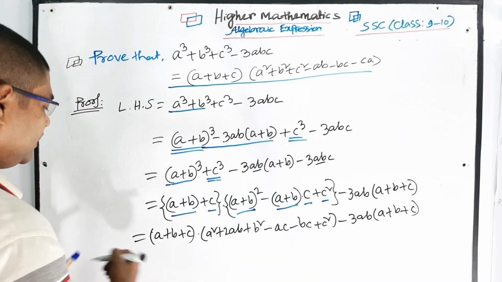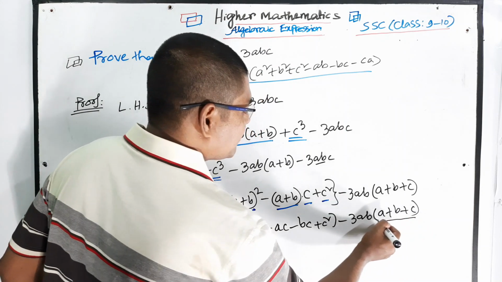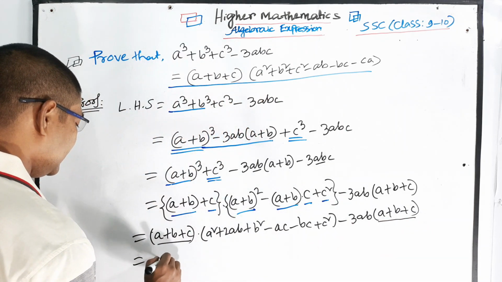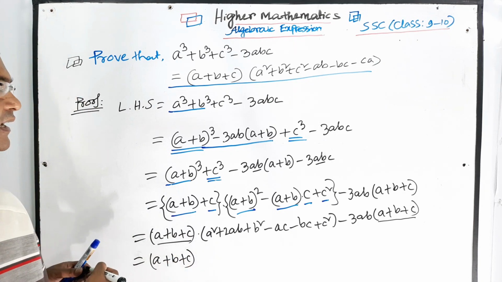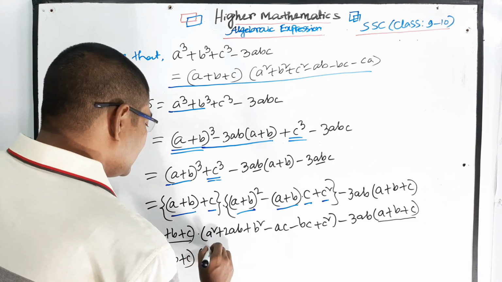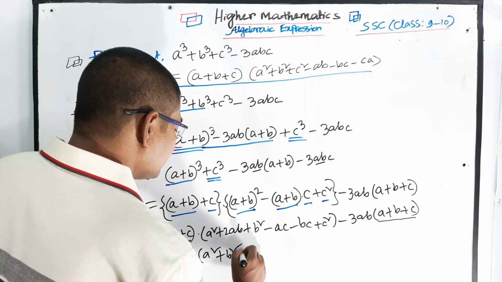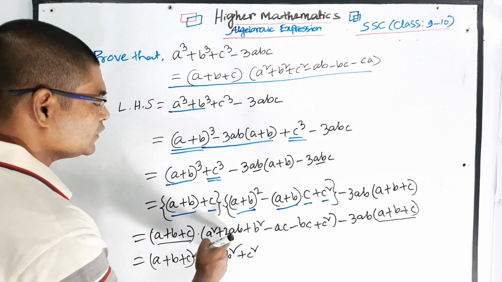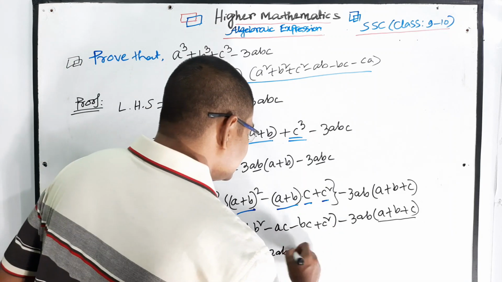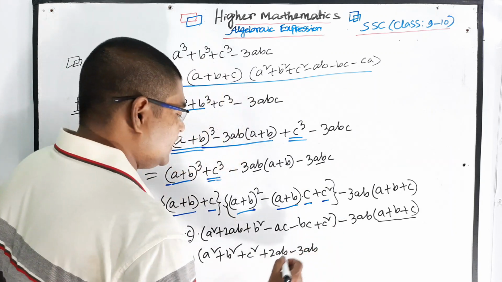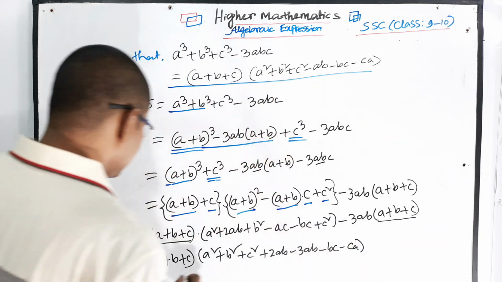So take common a plus b plus c. Now here is a square, here is b square, here is c square, plus twice ab minus twice ab, minus bc minus ca.